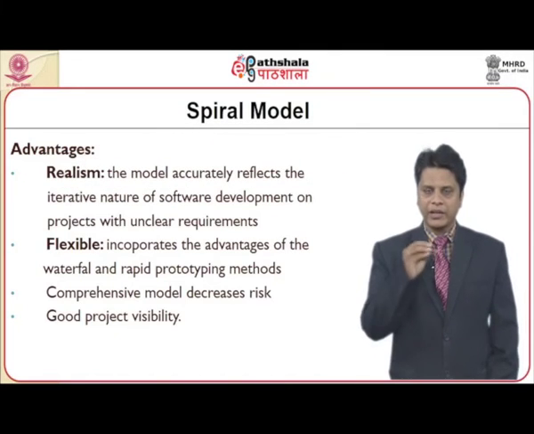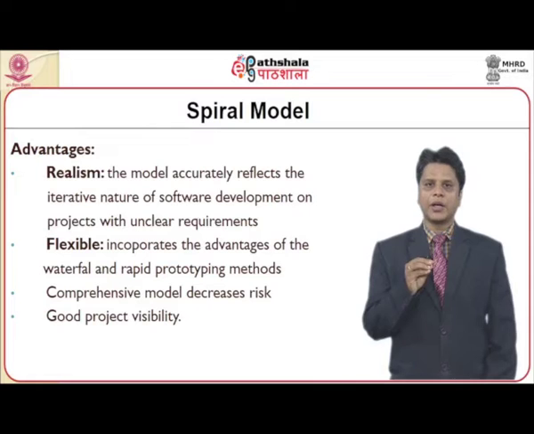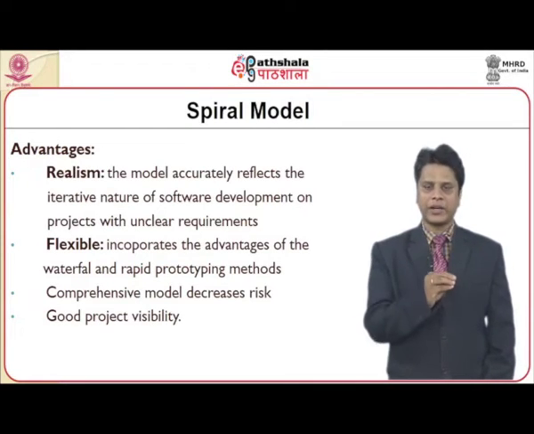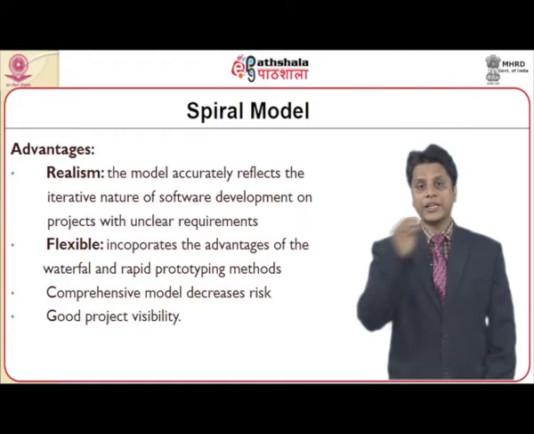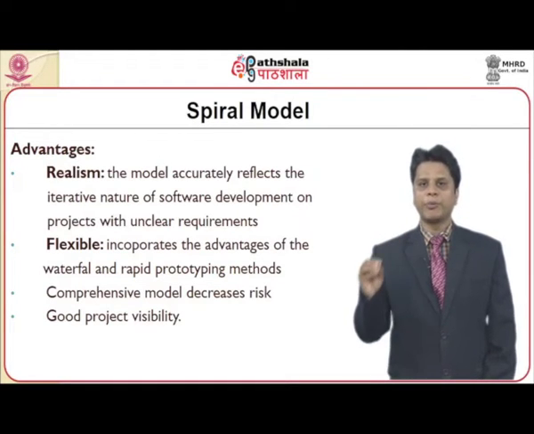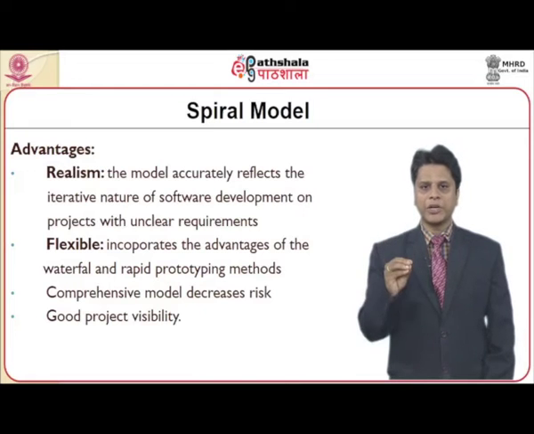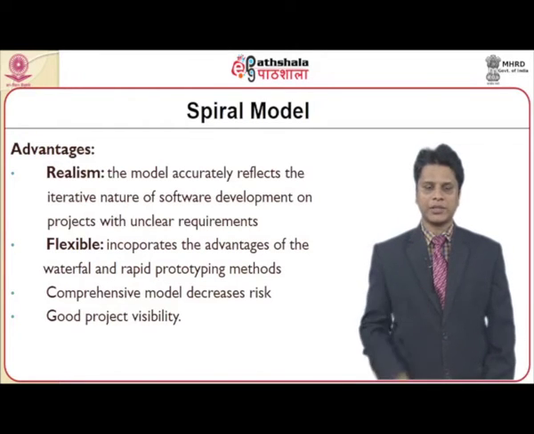As is very clear from the picture itself, my ultimate objective in working on this model is to understand and analyze the risk factors and manage them with alternatives towards building a prototype. So this becomes a major advantage of this particular system.